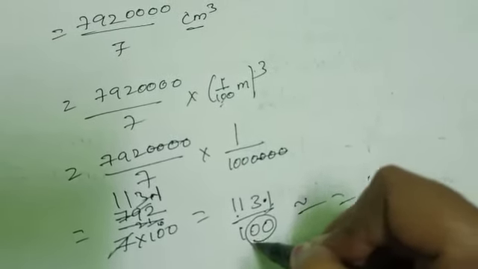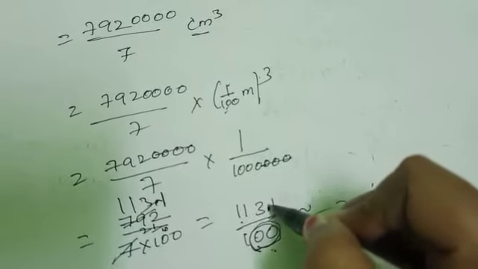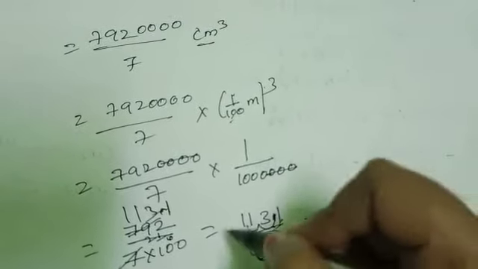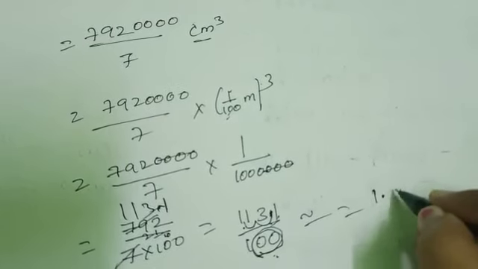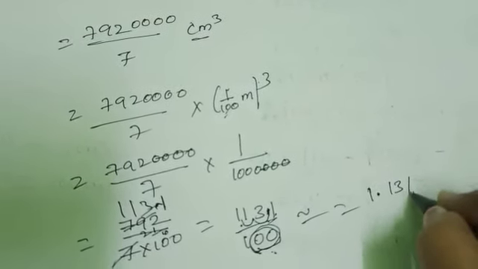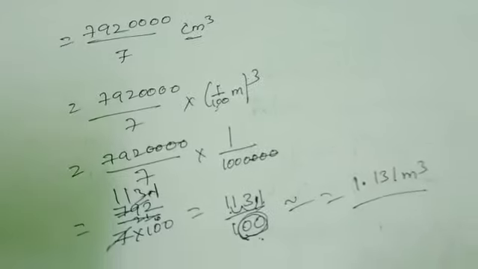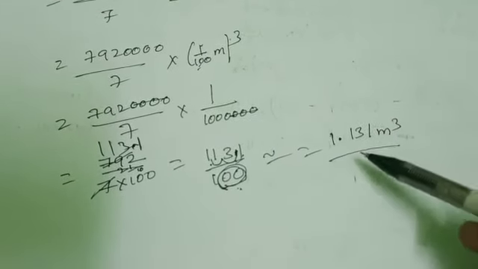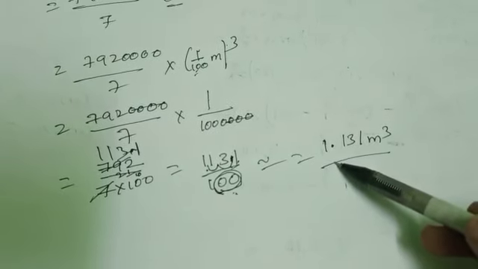In denominator we have 2 zeros, so point moves before 2 digits, 1.131 meter cube. Okay, therefore volume of water left in the cylinder equal to 1.131 meter cube.